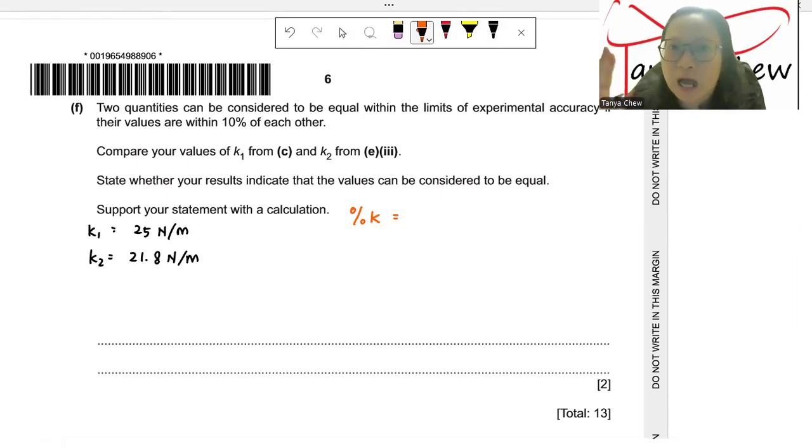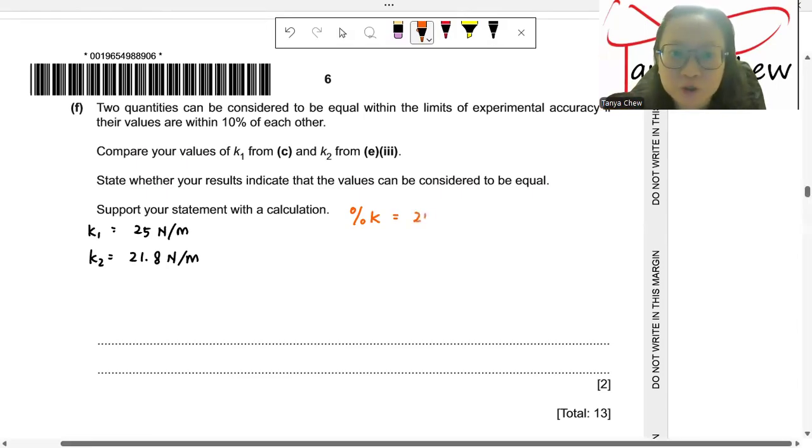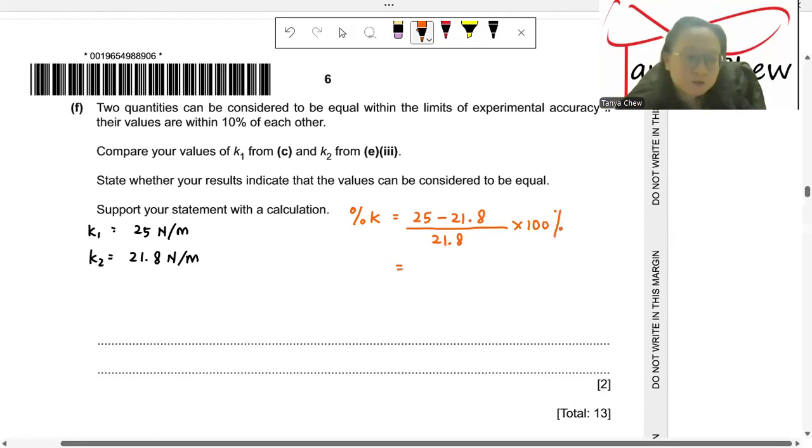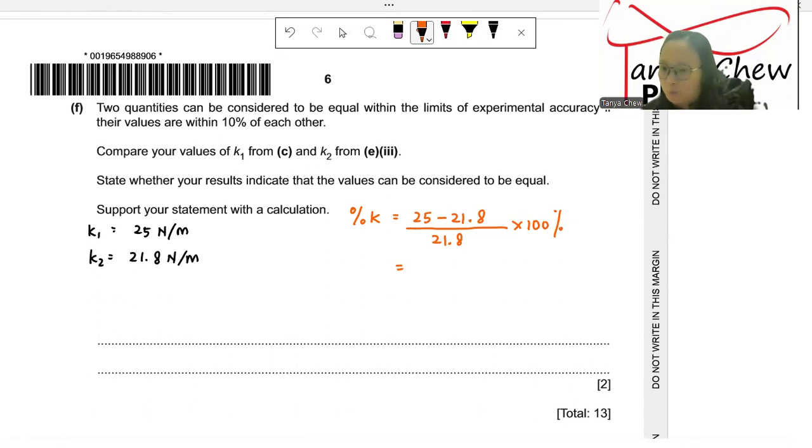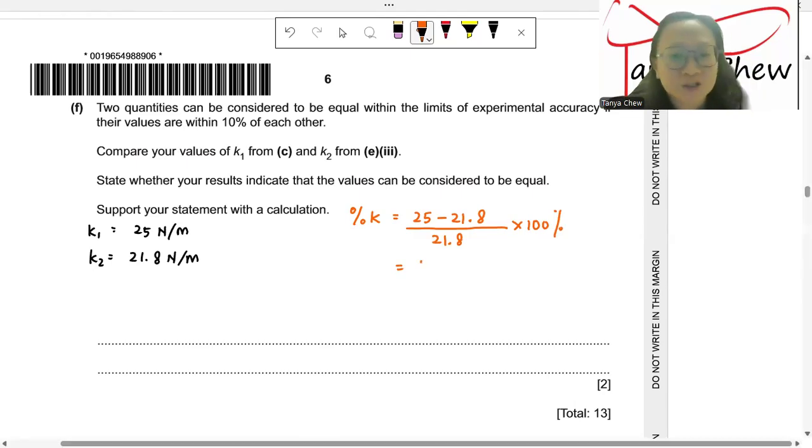You take the difference between the two K values, divided by the smaller K value, which is 21.8, and you times 100%. So I'm going to do it. 25 minus 21.8. By the way, if you want to round it off to 22, it's not a problem. Divide by 21.8 times 100%. And I got 14.67, which I'm going to round off to 15%.